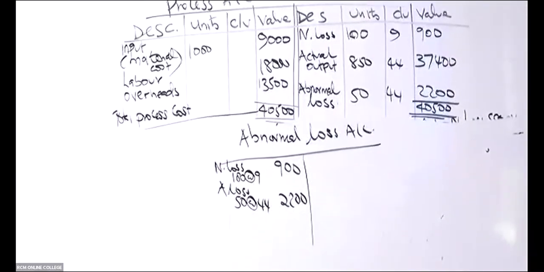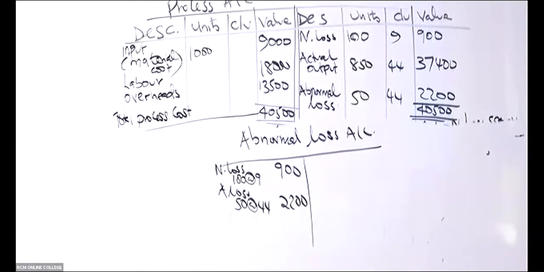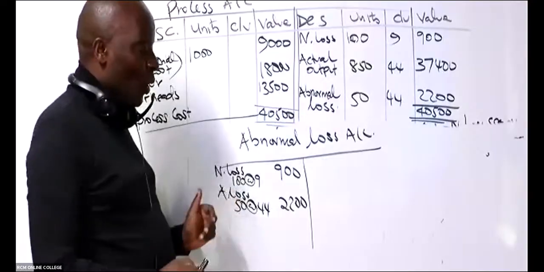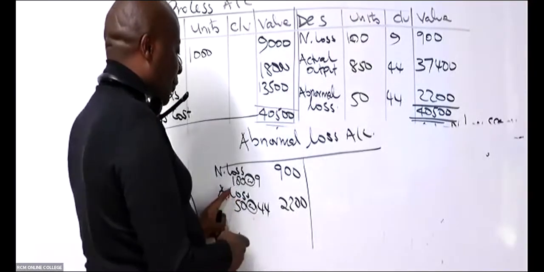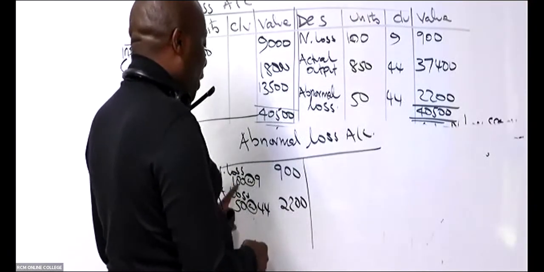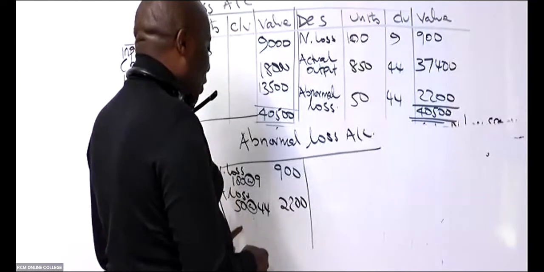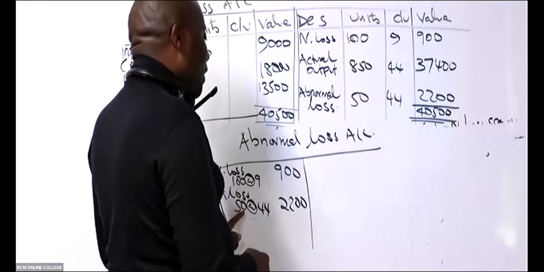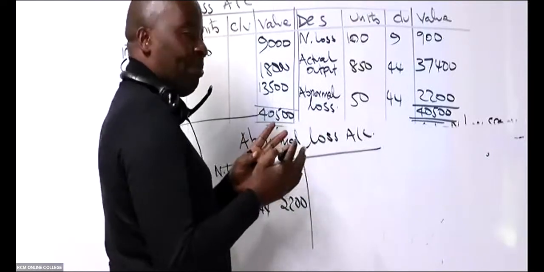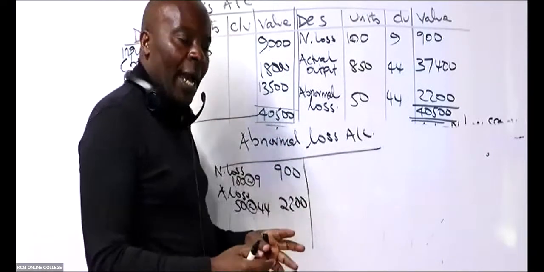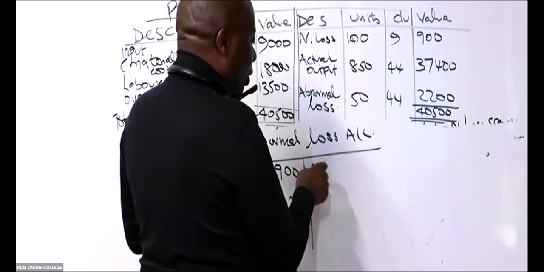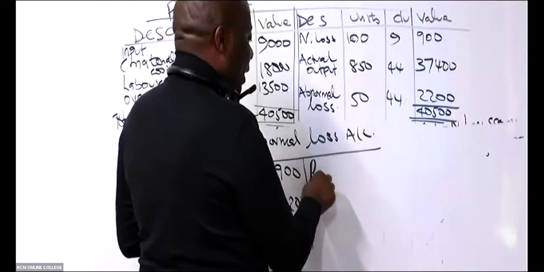Now, ladies and gentlemen, please listen. How many units now do we have representing the loss? Total loss will be 150. So these total loss units, we shall scrap them. We sell them and we receive money through the bank. So we debit bank account, we credit this account by saying bank.